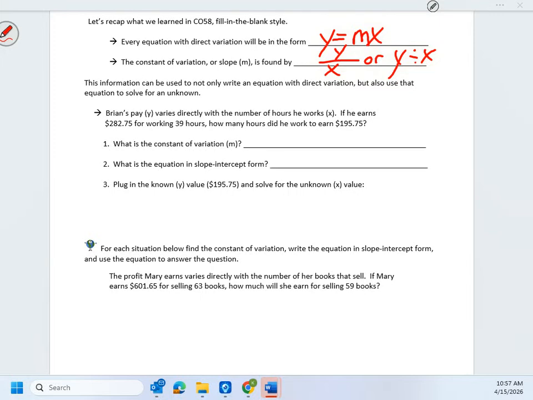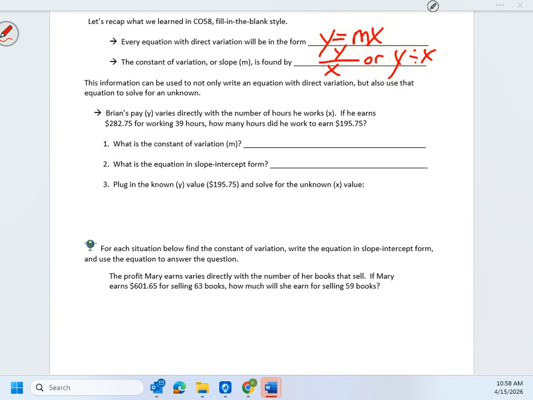So this information can be used to not only write an equation with direct variation, but also use that equation to solve for an unknown. So remember, when we're solving for unknowns, we are doing those opposite operations, or we're doing the math. We're solving for that variable. Sometimes it's opposite operations, sometimes it's not, but we're solving for a variable. So we're going to see how we combine that.